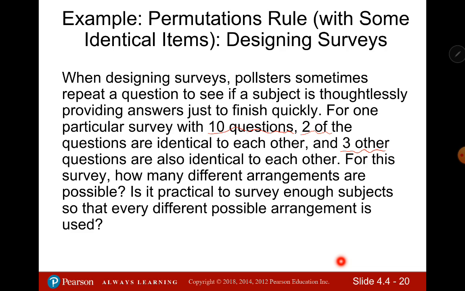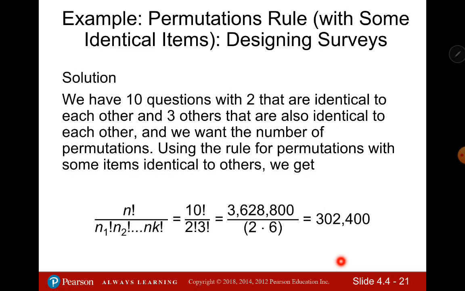So here we need to figure out what is n, and what is n1, n2. We find there are 10 questions in the survey in total, so 10 is n. Let's check n1.